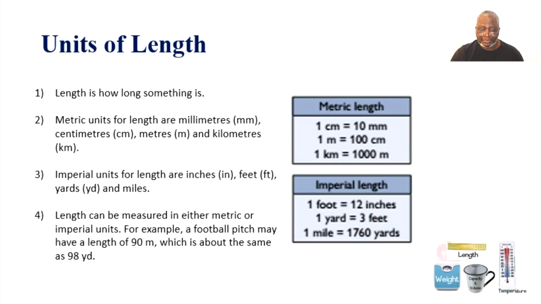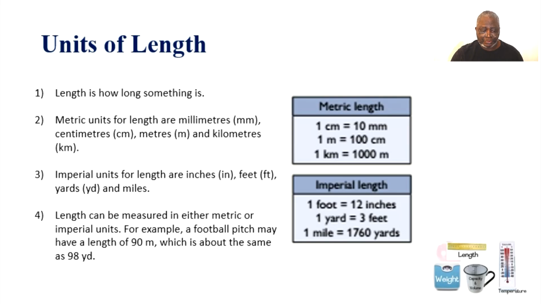And then you also have the imperial units, which you see on the right, which are yards, feet and inches, and miles. And then 1 foot is equal to 12 inches, 1 yard is equal to 3 feet, and 1 mile is equal to 1,760 yards.